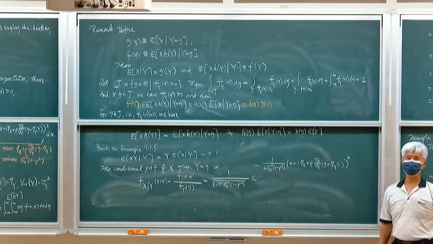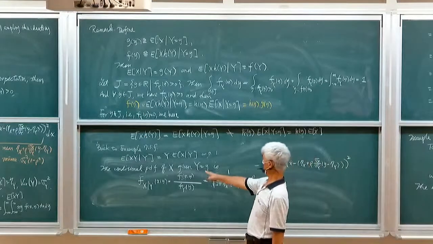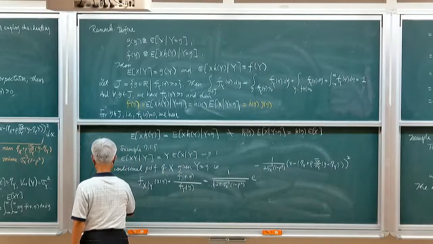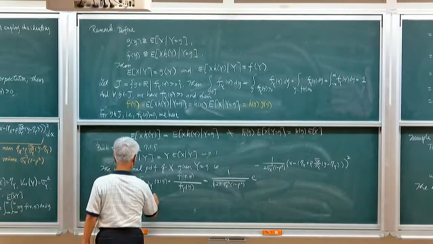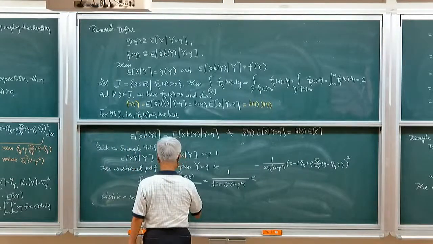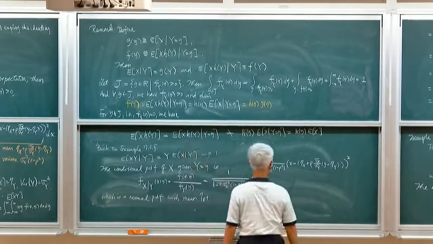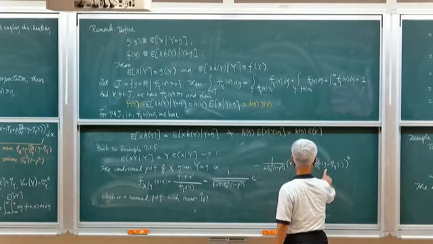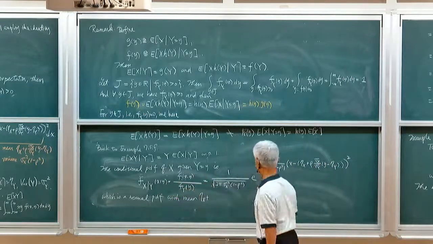So the conditional PDF is a normal PDF with mean, and the mean is the sum of the mean of the random variable x plus a term determined by the given y, little y.